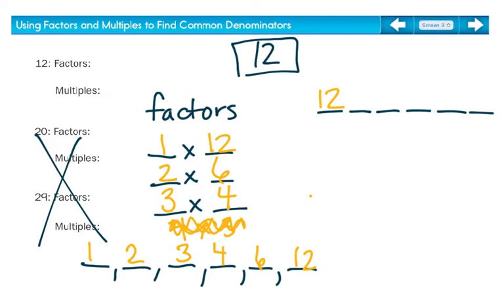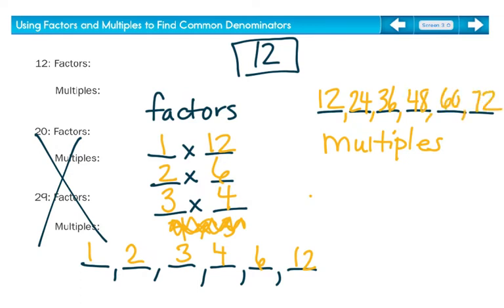So what are the first 6 multiples? These are multiples. And you need to learn the difference between that one and factors. So 12, 24, 36, 48, 60, and 72.